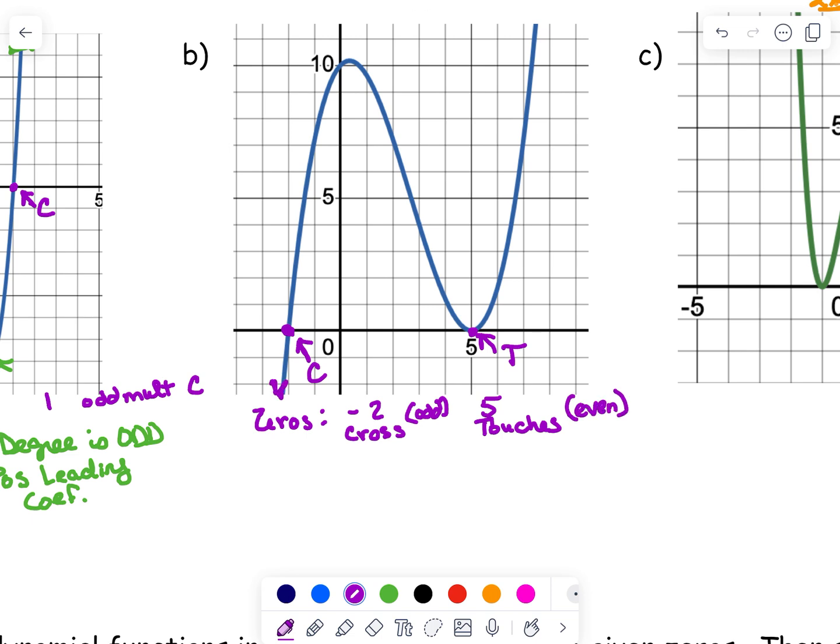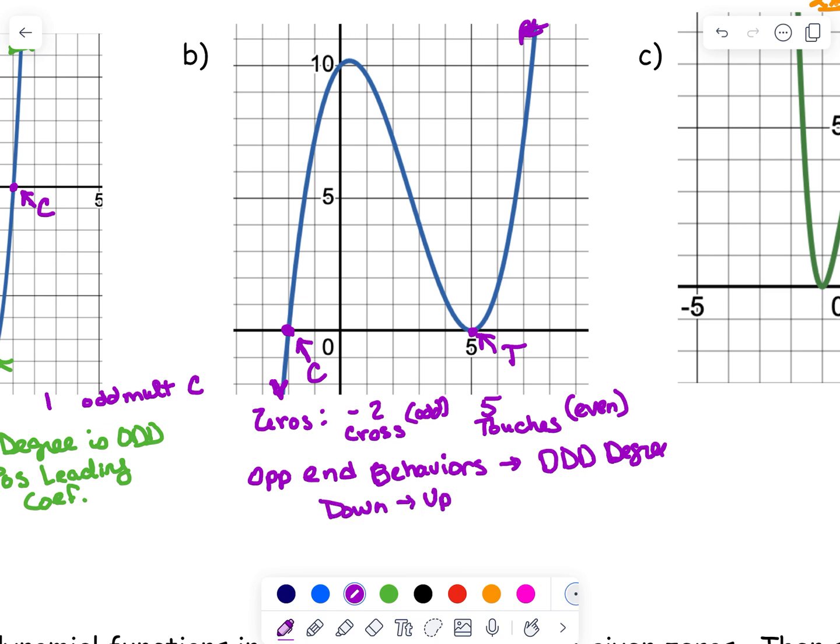And again, the graph goes down and then comes up, and so we know that it has opposite end behaviors. So that means it's going to be an odd degree. And because it goes down and then up, it's going to be a positive leading coefficient.